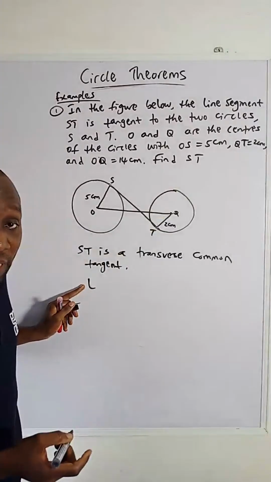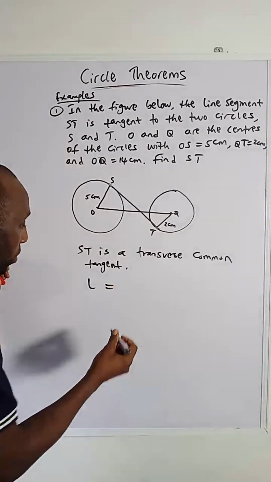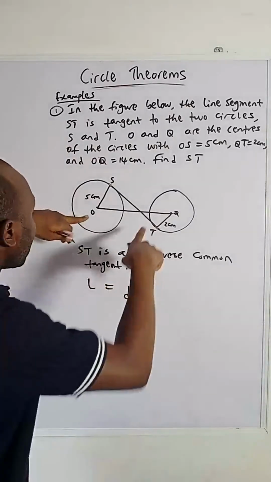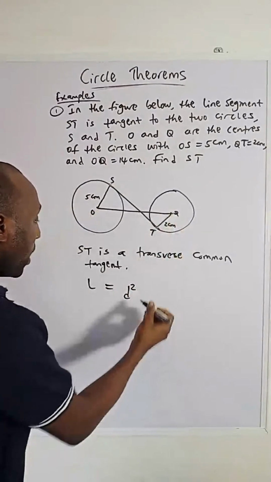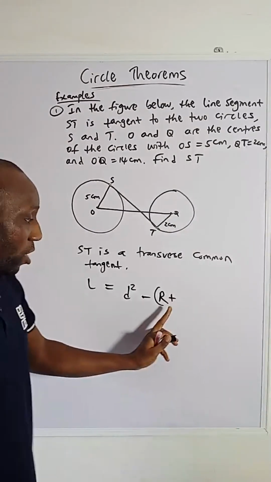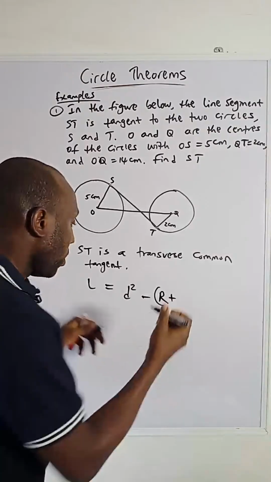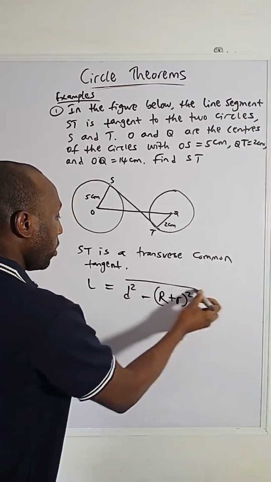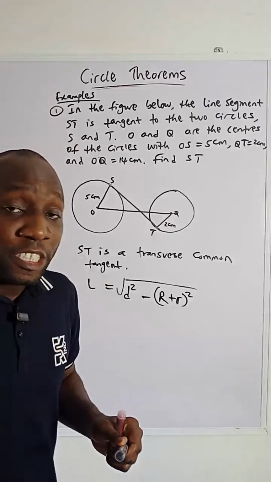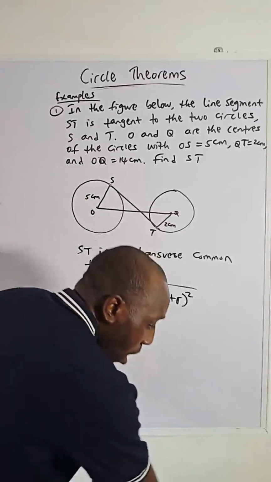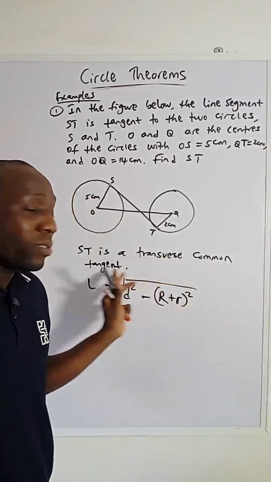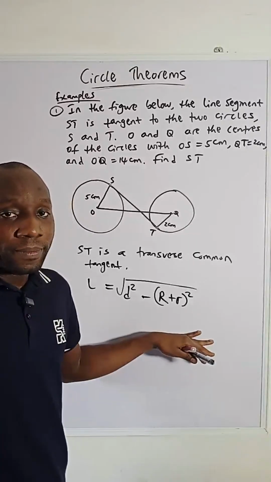So L is the length of the tangent, and it will be equal to D squared, where D is the distance between the centers of the two circles, from O to Q, minus R plus, now you know I told you for transverse it is plus, so plus this, and then you have the square root. This is the formula you're going to use to calculate the length of the transverse tangent. I hope you are with me. The length of the transverse common tangent is given by this formula.